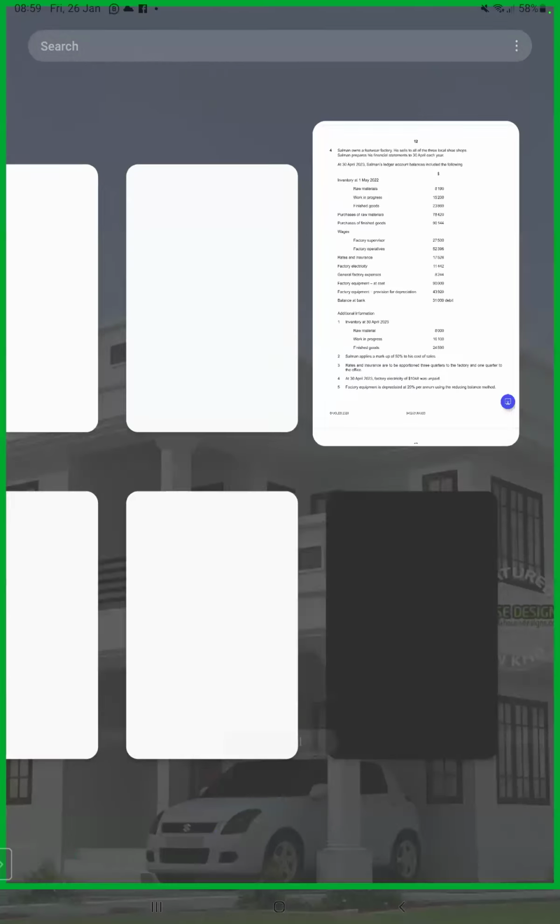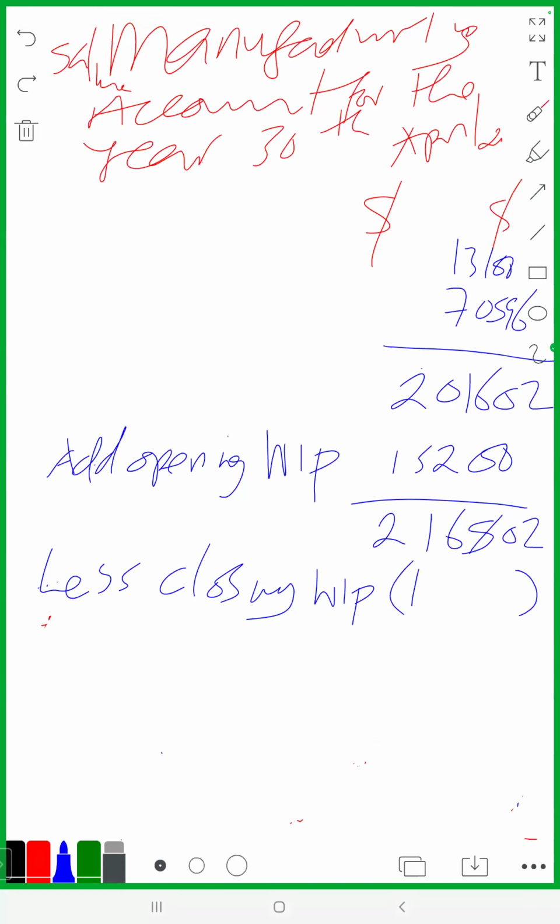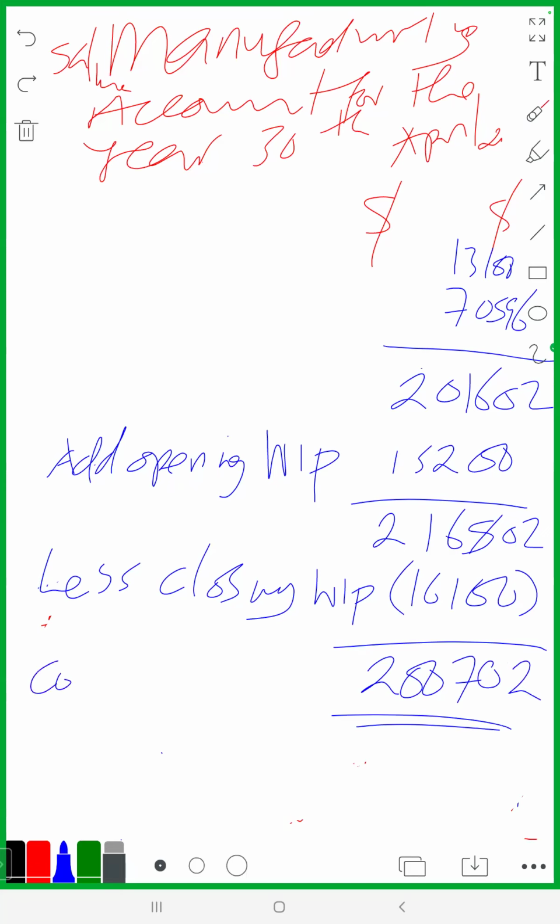That is what you write. 16,100. And when you subtract this from the amount, you will have the cost of production being 200,702. It's called the net cost of production.